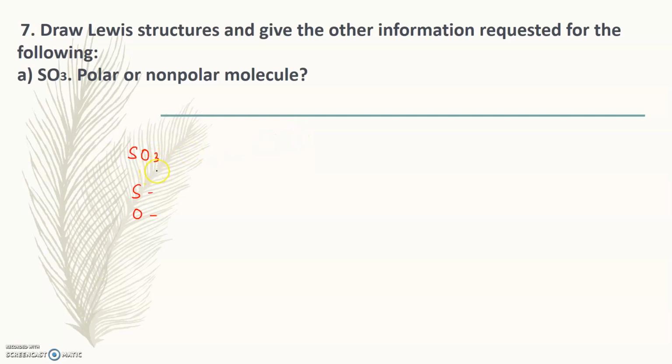Sulfur is group 16, the valence electron is 6. Oxygen also has 6 valence electrons, times 3. So altogether 24 valence electrons, and then draw the Lewis structure.